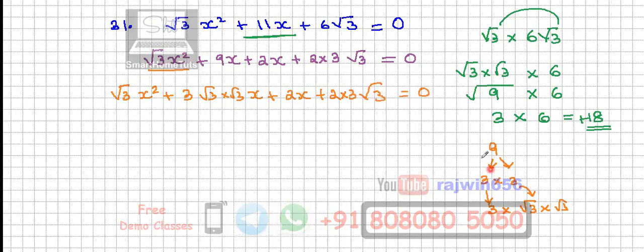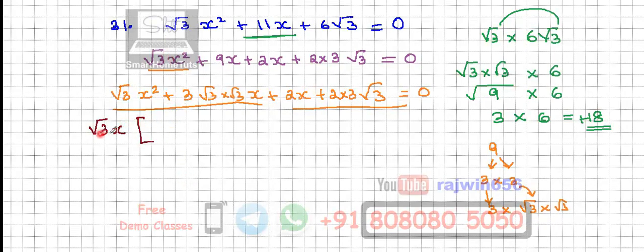Now we will pair this up. This is going to form a pair. This is going to form a pair. What things am I going to take common from this? Root 3 is there, x is there, here root 3 is there, and x is also there. So I'm going to take from this part root 3 and x common. What is going to remain from this?